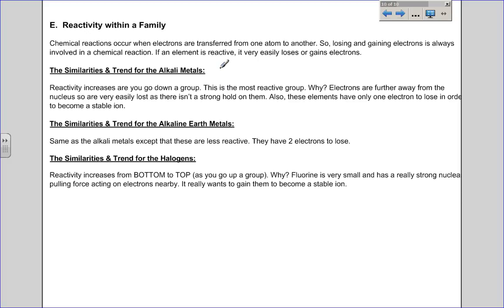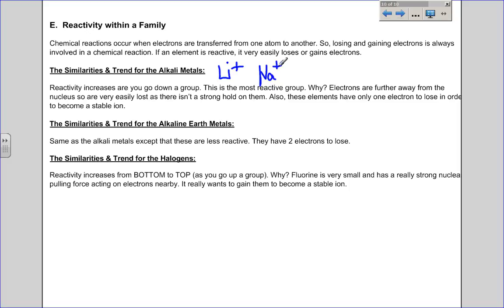So an alkali metal, something like lithium, has one valence electron and wants to lose that electron to become a cation. So when we want to look at the reactivity of lithium compared to the reactivity of sodium, we need to compare their ability to lose that electron.